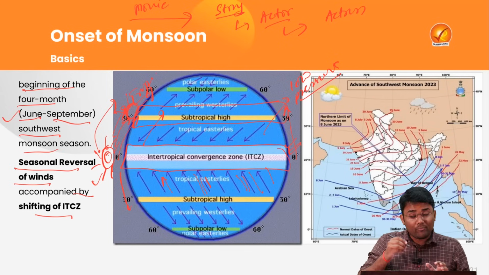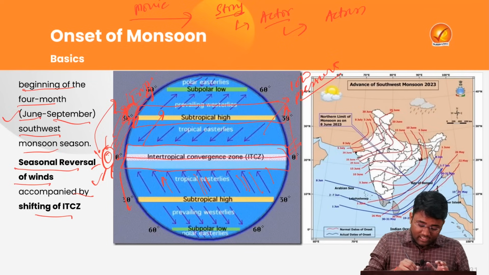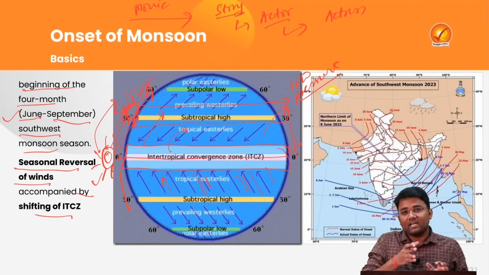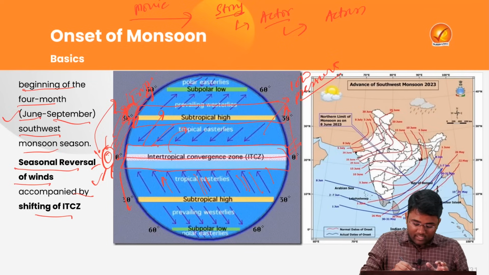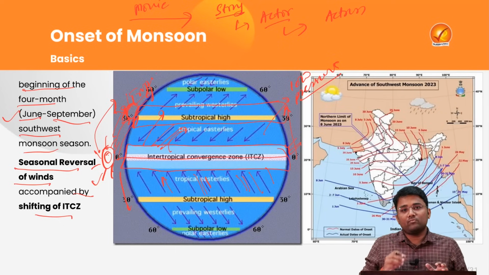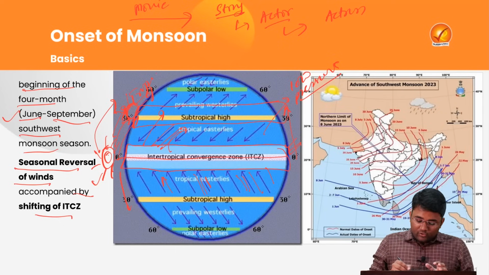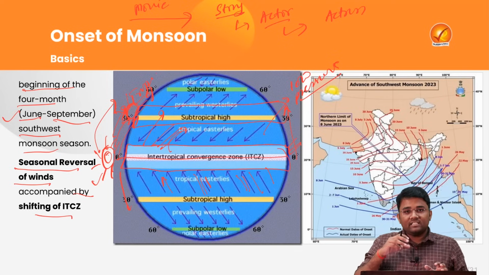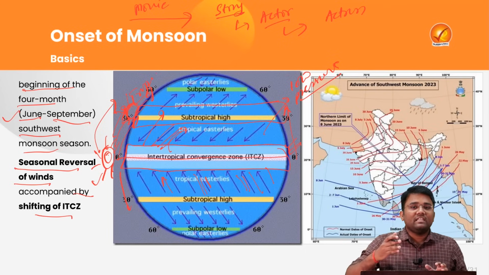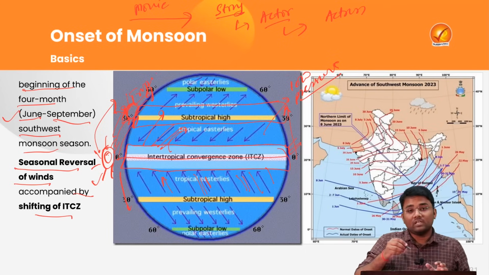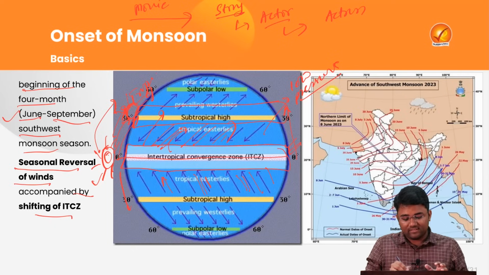Now when these tropical easterlies cross the equator, they will move towards the right side. Now they will become the southwest monsoon or the southwest winds. So these tropical easterlies, after the shifting of the ITCZ, when they cross the equator, deflect rightwards, and now they have changed their course and become the southwest winds.